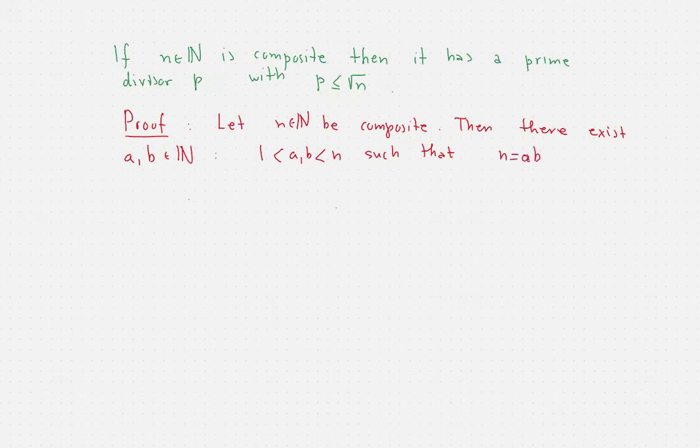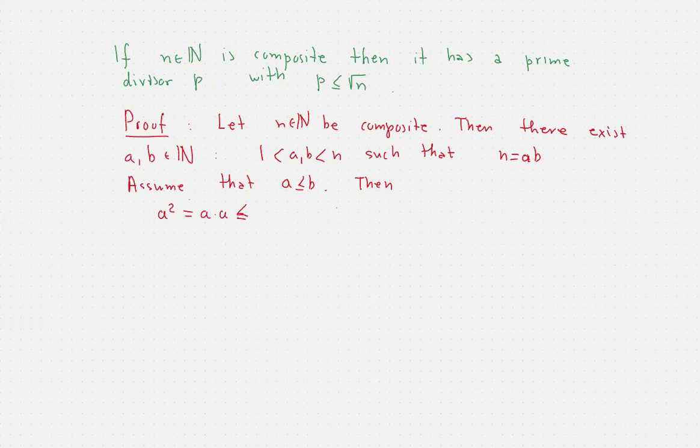Assume that A is less than or equal to B. I mean, you have two numbers, one of them has to be less than or equal to the other, and without loss of generality, we assume that it is A. Then A squared, or think of A squared as A times A, is less than or equal to A times B, which is equal to n.